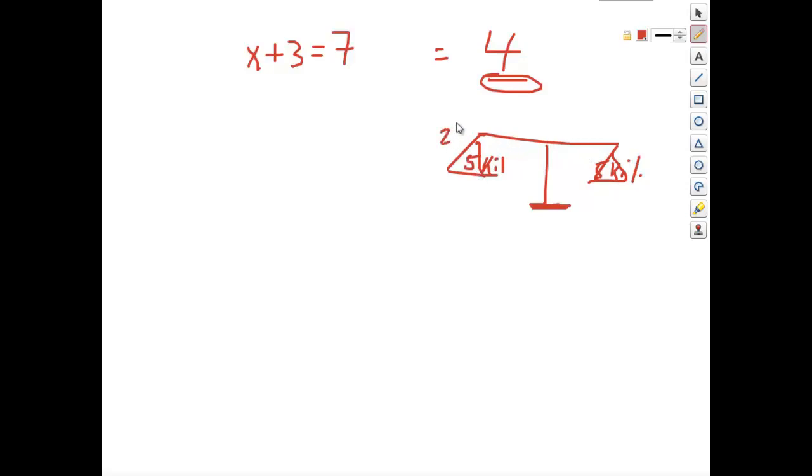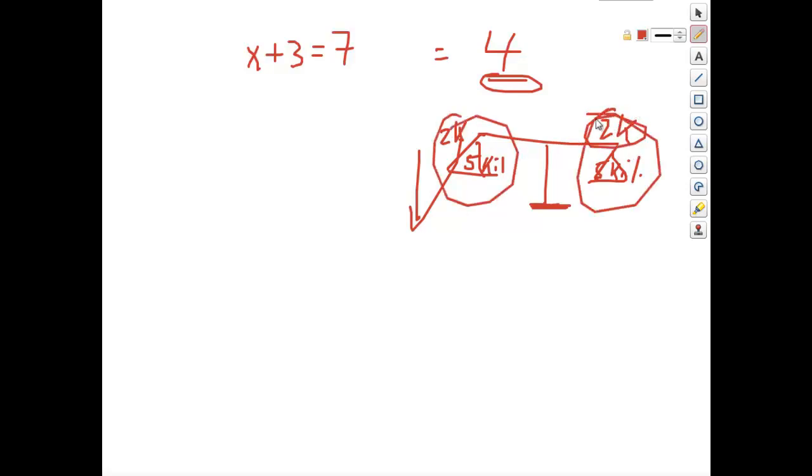If we had 2 kilo on the left side, the scale moves down. But what happens if we had 2 kilo on the other side at the same time? Nothing changes, correct? Well, if nothing changes, what about if we subtract 5 on both sides? Nothing changes. Okay? That's the basic principle we use to solve equations.